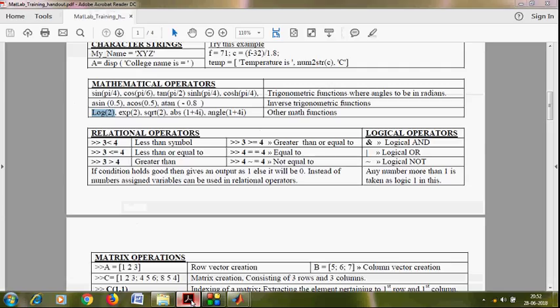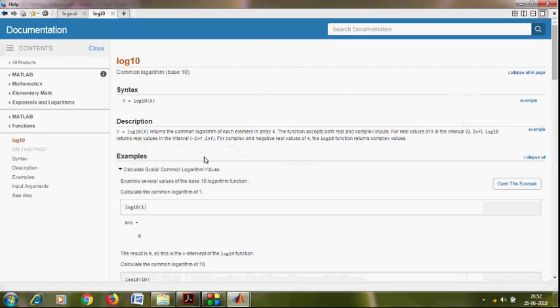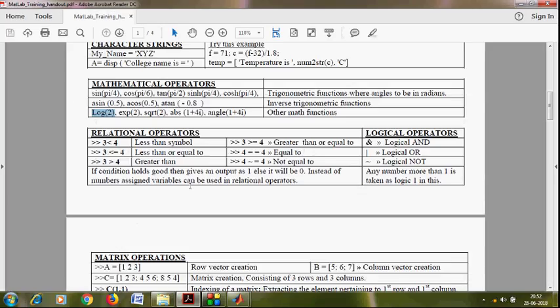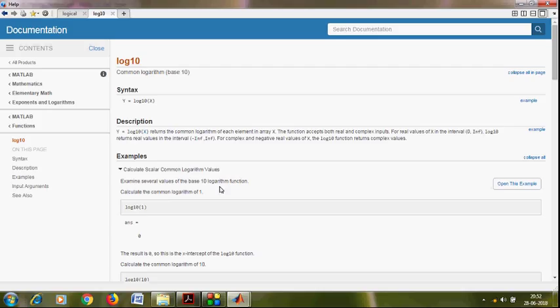Now the next thing that I will be touching upon is, please try on your own all of these things. Now relational operators, all these are logical. The data type should be logical. Here, instead of calling it boolean, they have called it logical. It's simply the way that they call it.